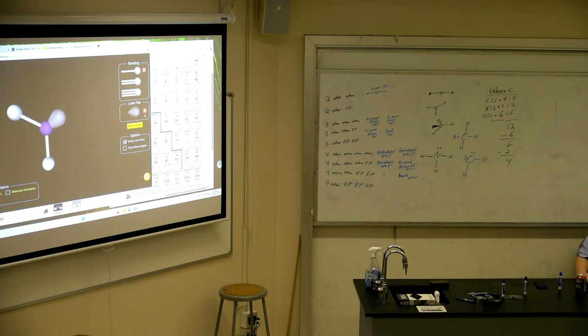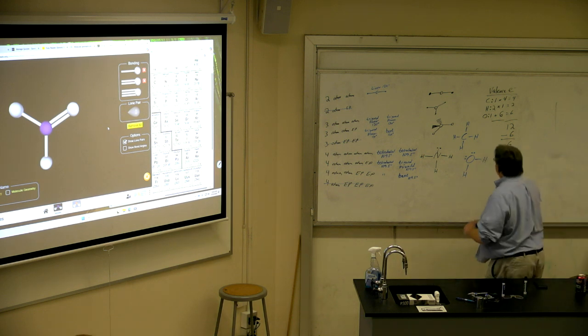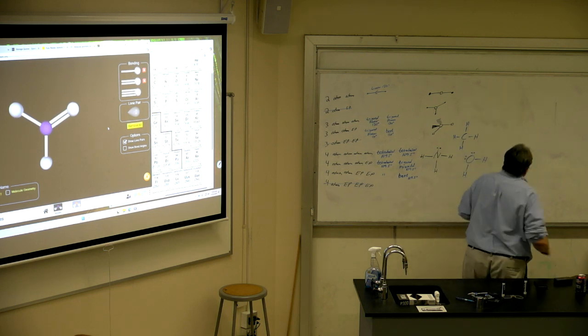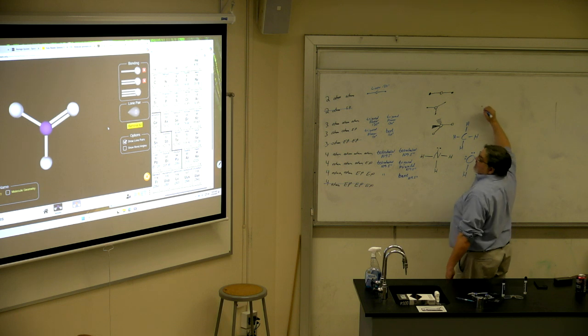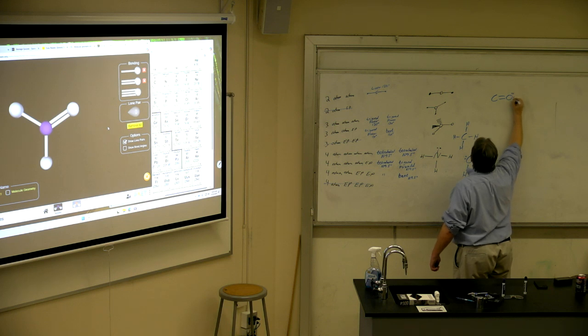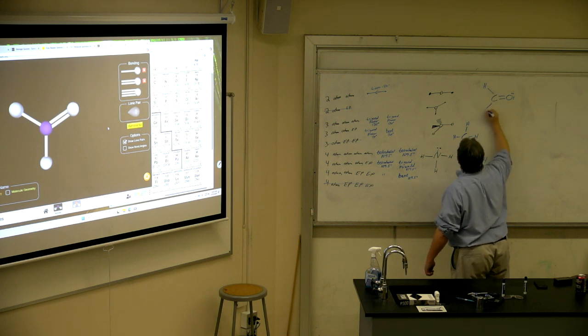What if we had that? The example of that one. So now I'm introducing some multiple bonds, got a double bond there. You would get that shape. I'll go ahead and draw it the way you want it drawn.